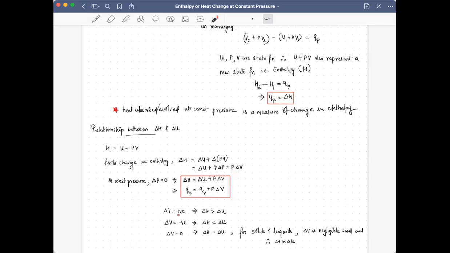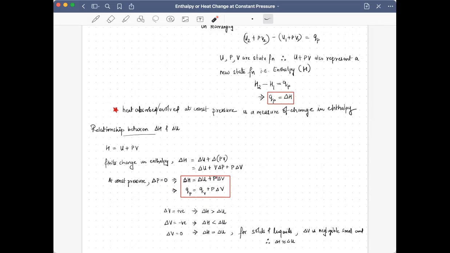So when delta V is positive, your delta H value would be higher than the internal energy change, because delta H is now the internal energy change plus some positive value. If your delta V is negative, that means the gas is undergoing compression, so that would be a negative term. Obviously, in this case, delta H would be less than the value of the internal energy change.